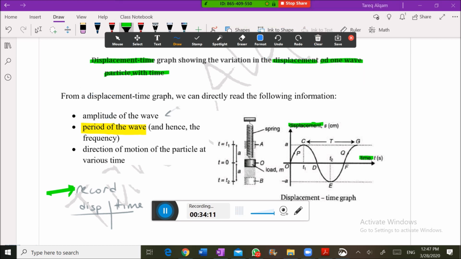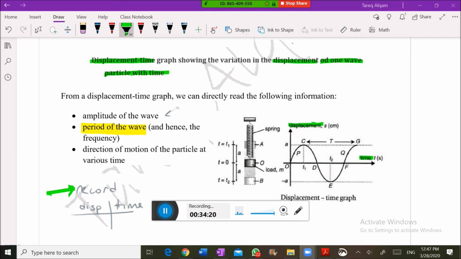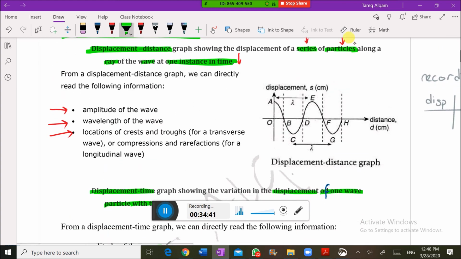Then we have two graphical representations of the disturbance or waves: displacement distance and displacement time. From displacement time, we can find the amplitude, period, and direction of motion of a particular particle at various times. Here I can find wavelength, also amplitude.